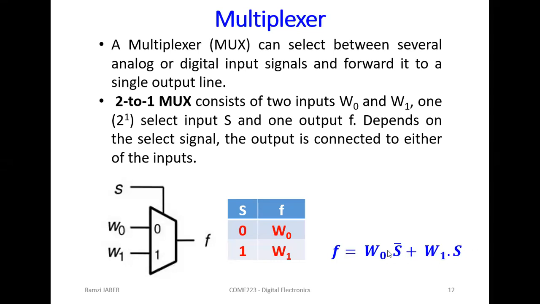So the output is w0 plus 0 equals w0. The other way, if s equal to 1, s bar will be 0, times anything is 0. Here s equal to 1, the output is w1. This is called a Boolean equation.